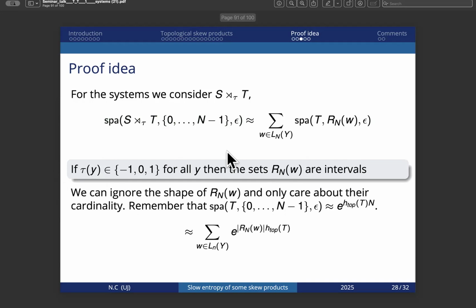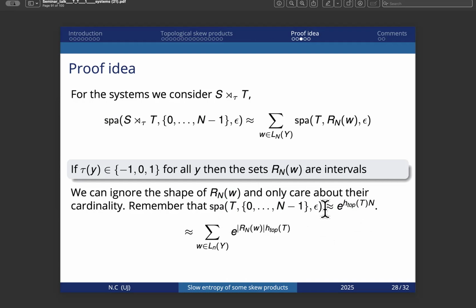So if this is true, then we can ignore the shape of these sets, and we only care about their cardinality. And from the definition of topological entropy, we have this estimate, which is that this spanning number of T, an interval of length n, is approximately exponential of the entropy of T times n, up to epsilon and limsups, but well, let's just assume that this is more or less correct.